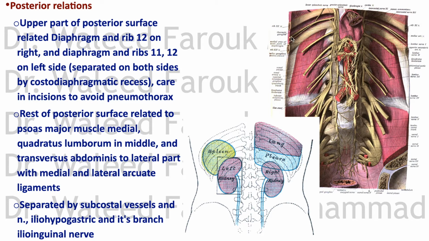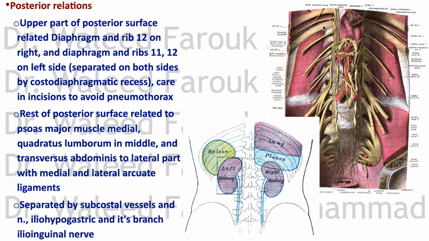So please take care in the case of obtaining a needle biopsy of the kidney. I've seen that. Of course, I've seen it done in the right way, but it's a dangerous procedure if you are not aware of the fact that the posterior relation of each kidney is the lower ribs.